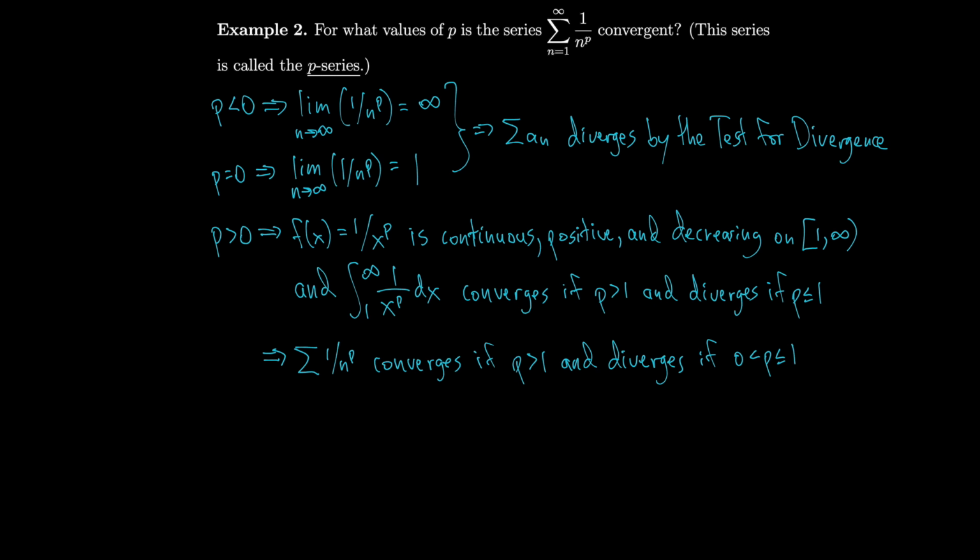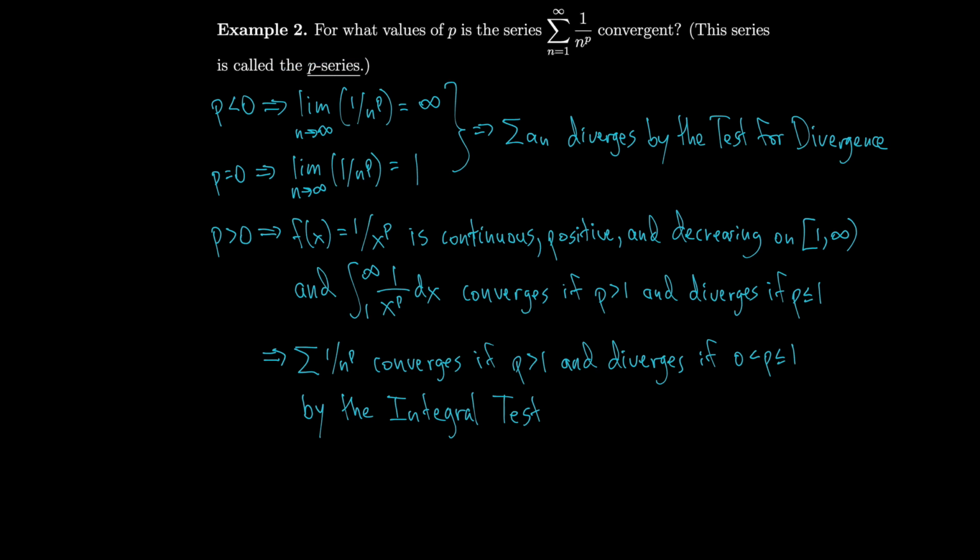Notice if p equals 1, we get the harmonic series. And this is all by the integral test. So we have another kind of proof that the harmonic series diverges. So that means that we only converge if p is greater than 1, because we already saw that it diverges in the other cases by the test for divergence.